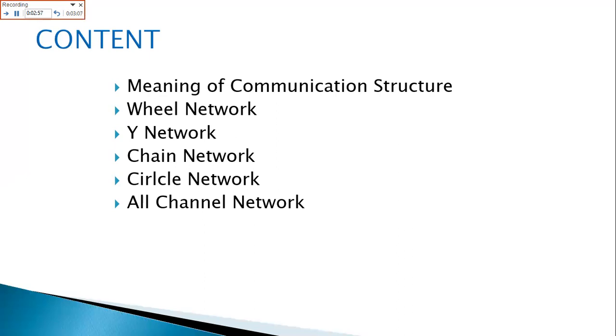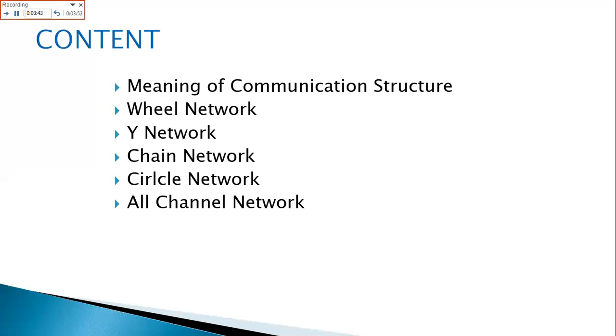Basically, there are five types of communication networks as follows. First one is wheel network, Y network, chain network, circle network, all channel network.